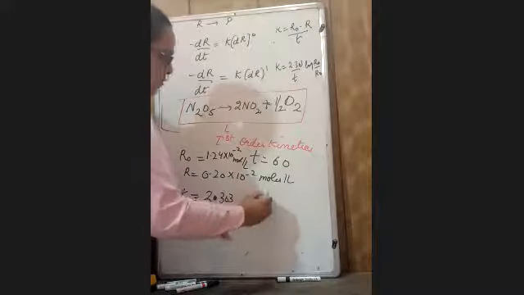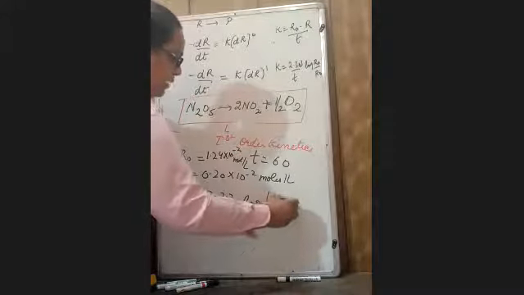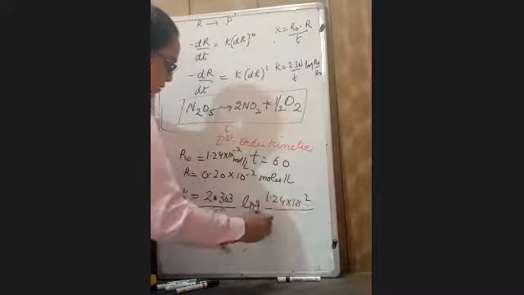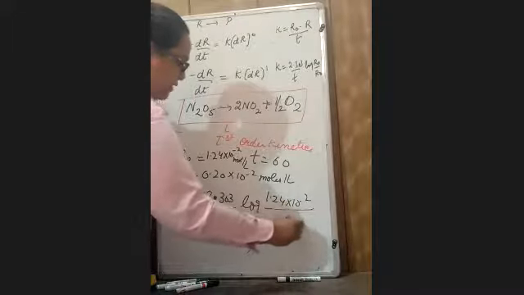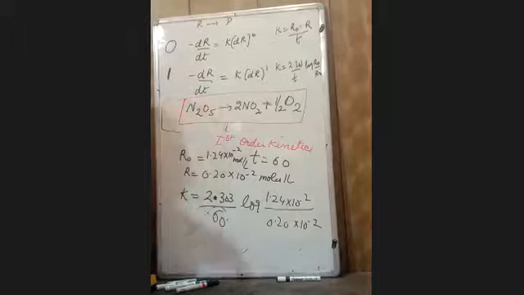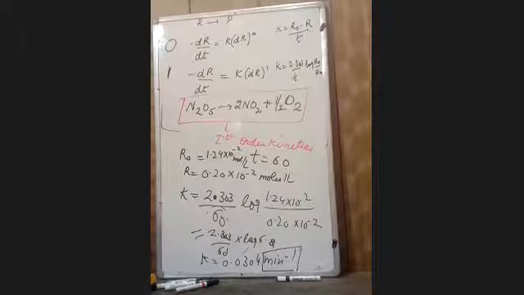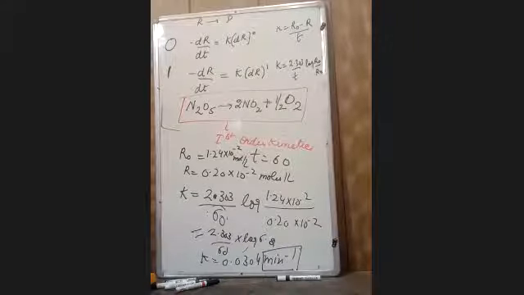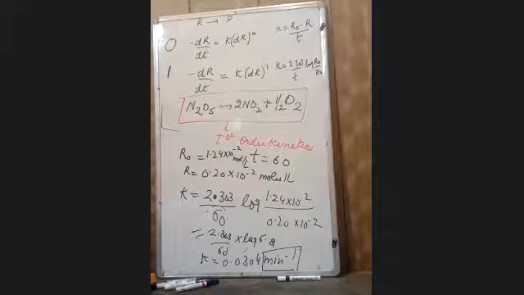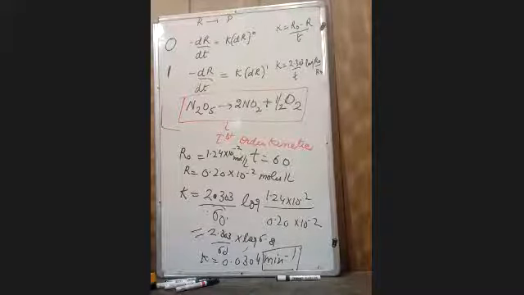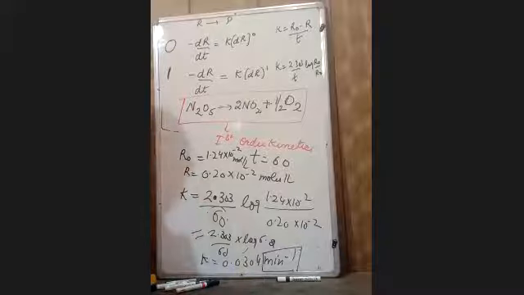Initial is 1.24 into 10 raised to power minus 2 over 0.20 into 10 raised to power minus 2. Solve it. Simple question. What was given to us? The decomposition of nitrogen pentoxide, N2O5. R naught, R and t are given to us. Only put the values and solve the question.